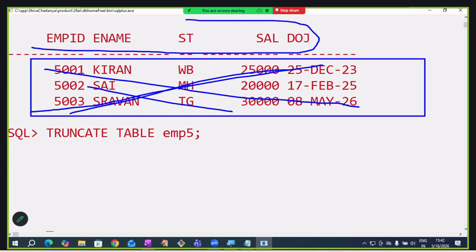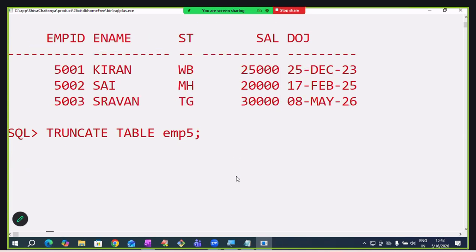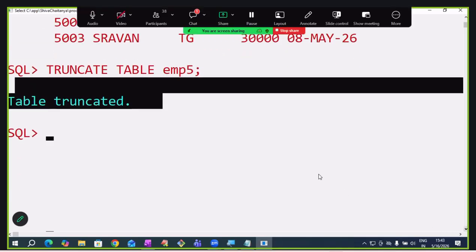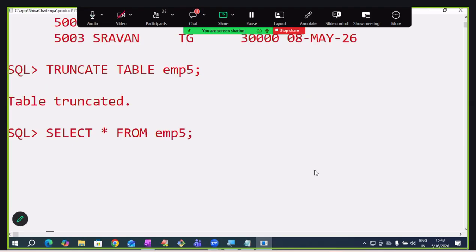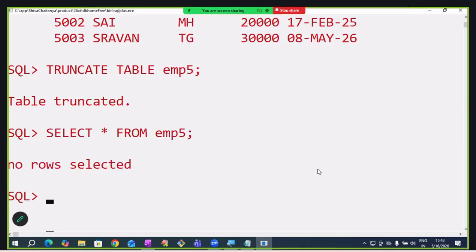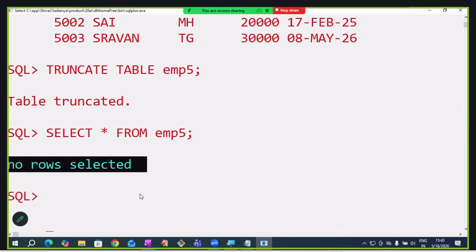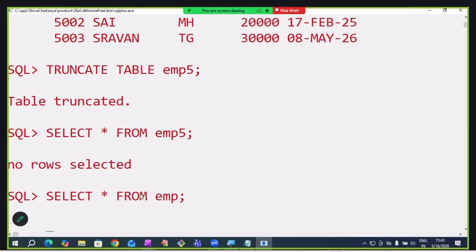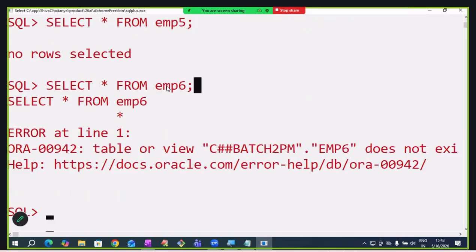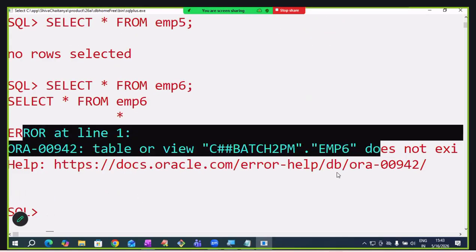Okay. Is it deleting table structure? No. Structure will be there. Only rows will be deleted. Table truncated. Now see here. Select star from EMP5. What it is telling? No rows selected. It is not telling that table does not exist. If table is not existed, we get error, sir. Table does not exist error.